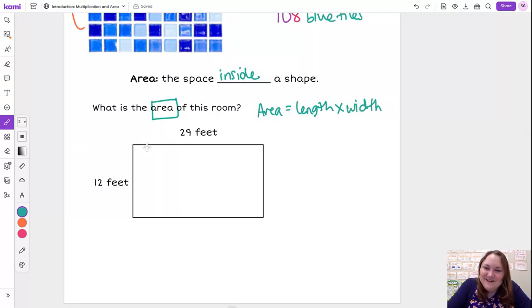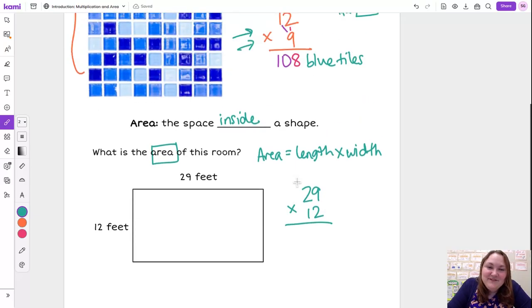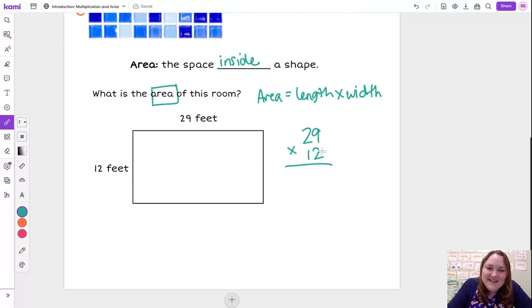So for this one down here, I would need to multiply that 29 feet by 12 feet to figure out how many of those square feet are in that room. Now, this multiplication problem is a little different than the one above because I have two numbers there in 12 that I will need to multiply. If you think you remember how to do this, go ahead, pause the video and try, and then come back to see how you did.